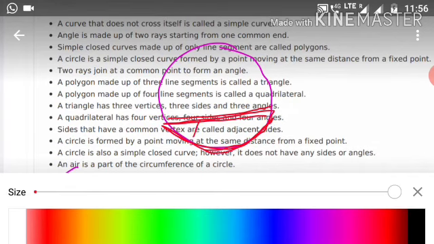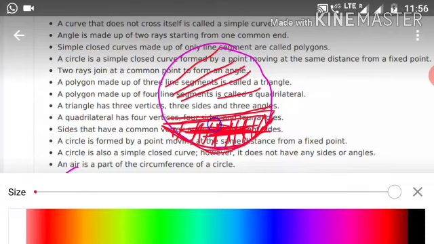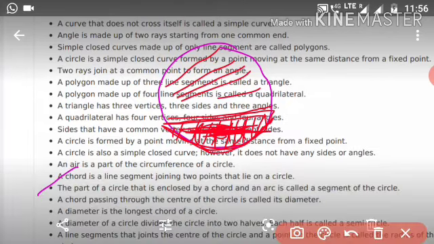So this part is called a segment of the circle. Understood? This small one is the minor segment and this will be the major segment.